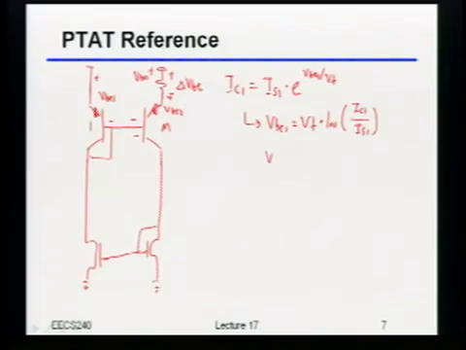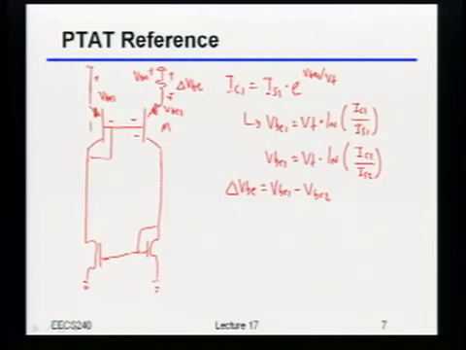So of course, similarly, if I look at the second BJT, then I could say that VBE2 is also the thermal voltage times the natural log of IC2 over IS2. Okay, so now let's look at actually the delta VBE. In other words, VBE1 minus VBE2.